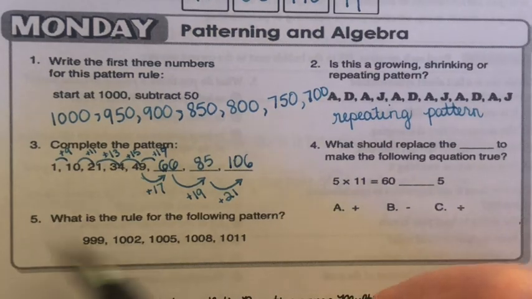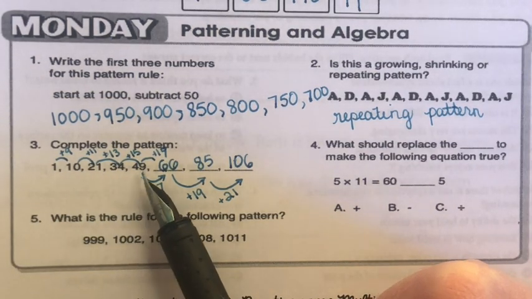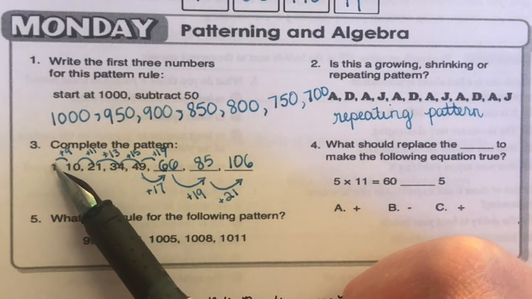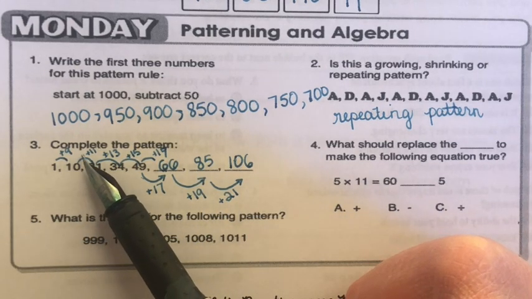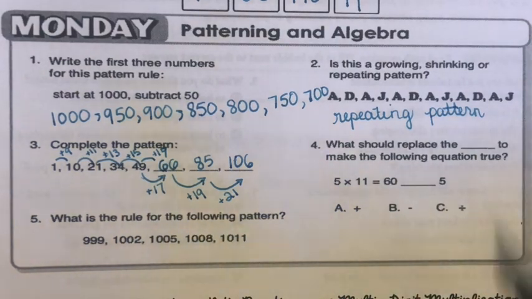Now I notice that this pattern, the numbers are odd, even, odd, even, odd, even, odd, even. And again, every time we increase, we're starting at 9 and increasing by the next largest odd number.